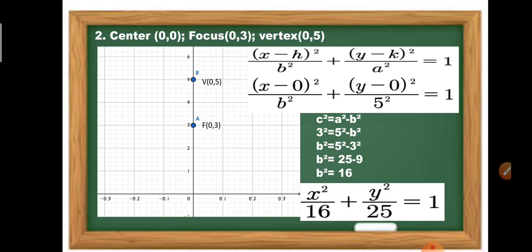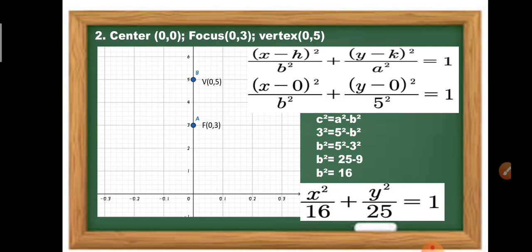So we need to substitute the values. x minus 0 squared is x squared over the value of our b squared, which is 16, plus y minus 0 squared is y squared over 5 squared, which is 25.